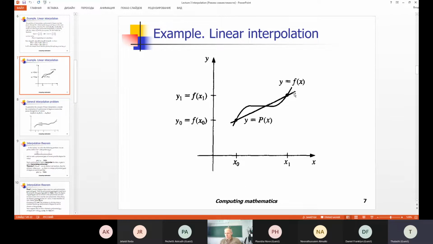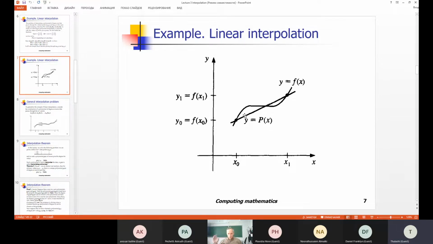So this picture describes the situation. We have 2 points. We have a lot of functions that can pass through these points, and we have only one linear function, only one line that passes through these points, and we find the equation of this line.